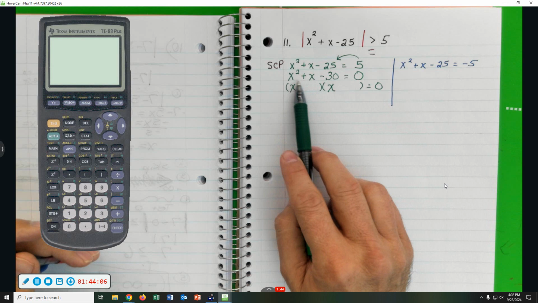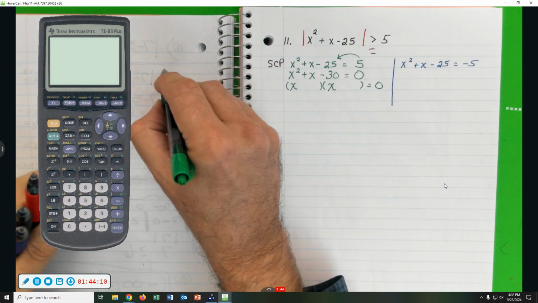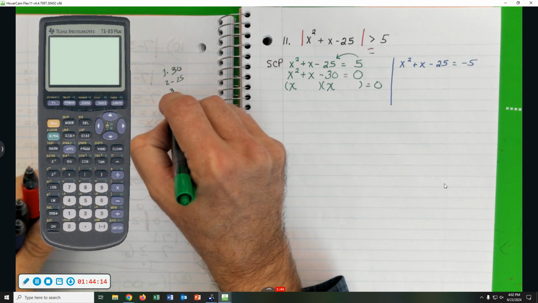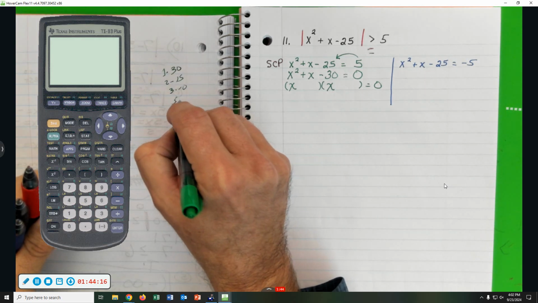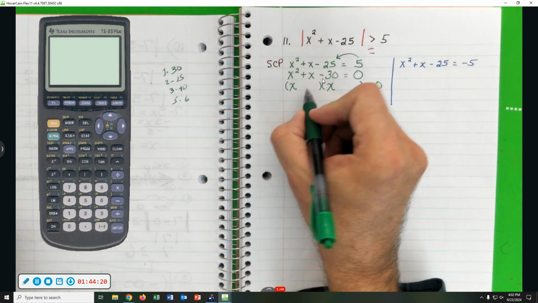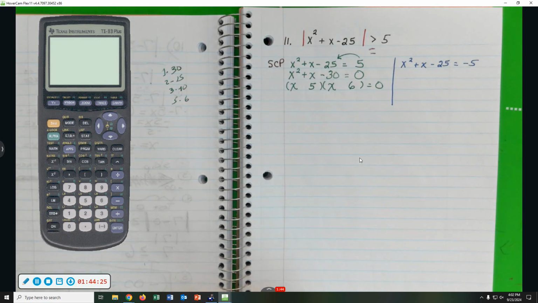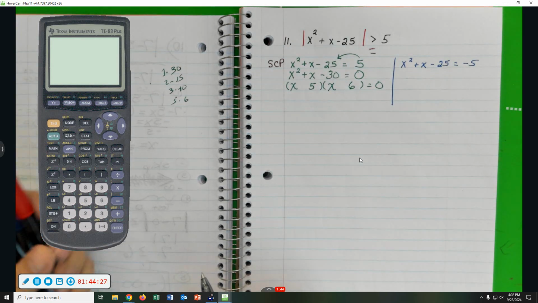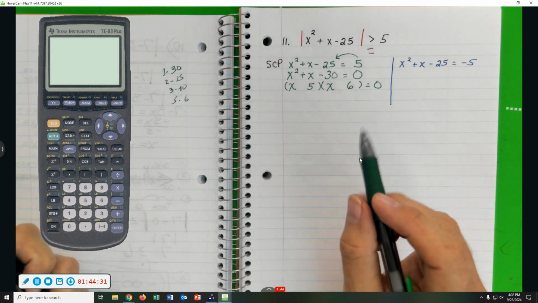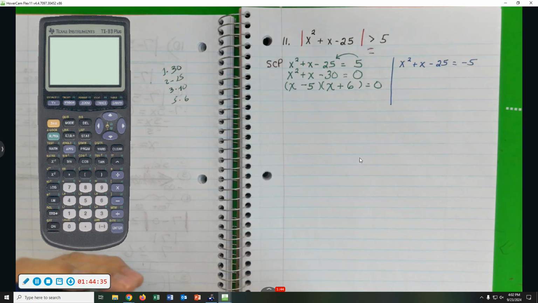Now for 30, you can have 1 times 30 or 2 times 15 or 5 times 7. It's easy to pick out because it's a simple trinomial. You want the pair that, in this case, subtracts to give you 1, so 5 and 6. And how should I arrange my plus and minus sign to get a plus x? A plus 1x. Negative 5 and positive 6.